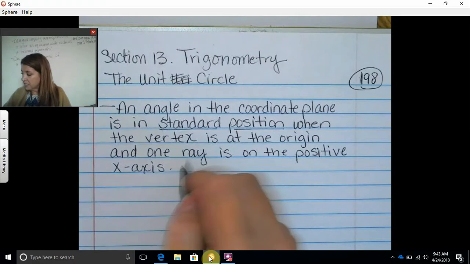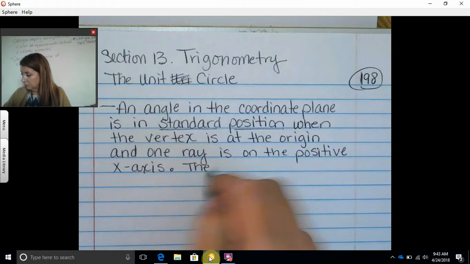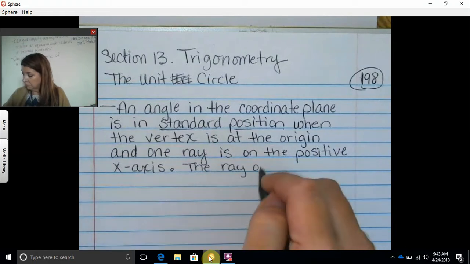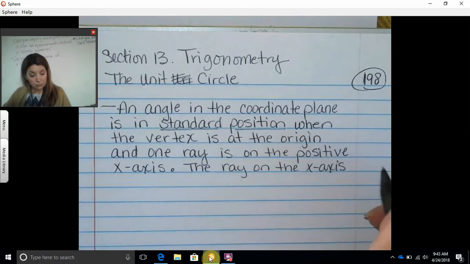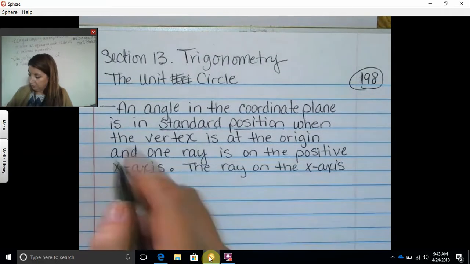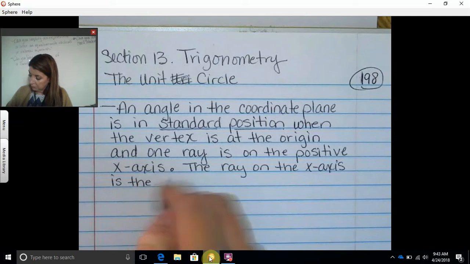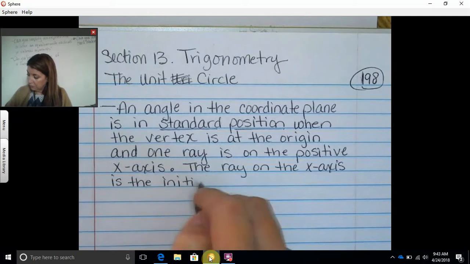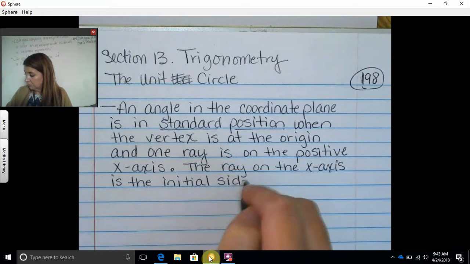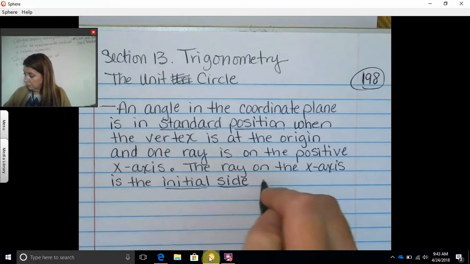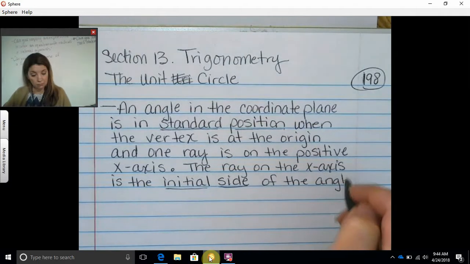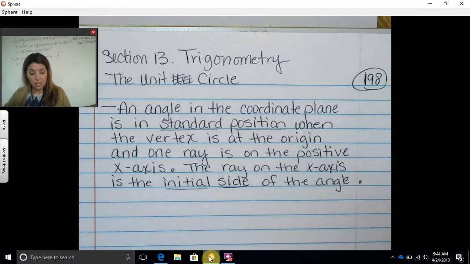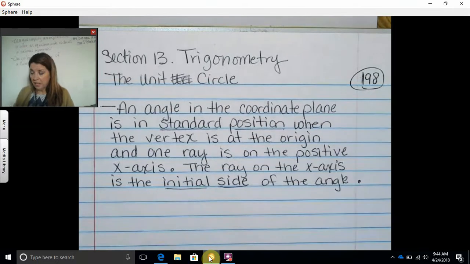The ray on the x-axis is the initial side of the angle. The other ray is the terminal side of the angle.